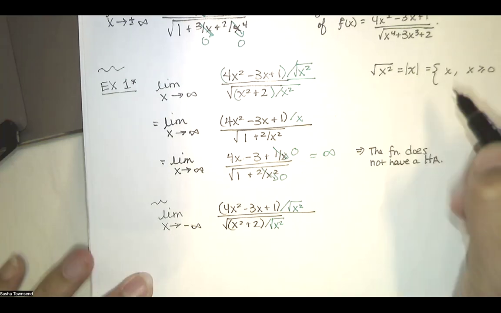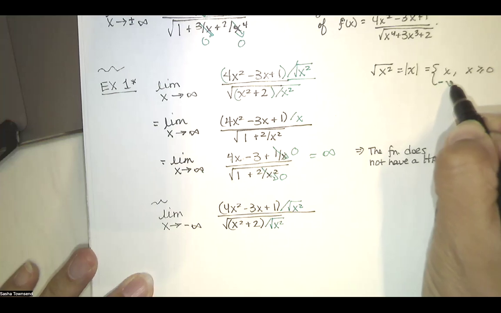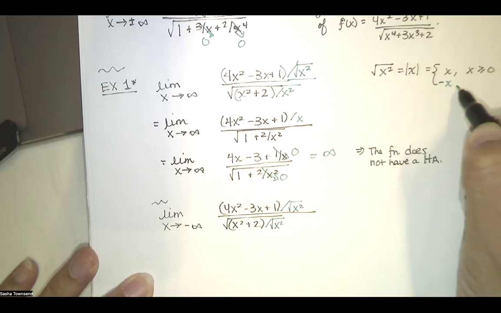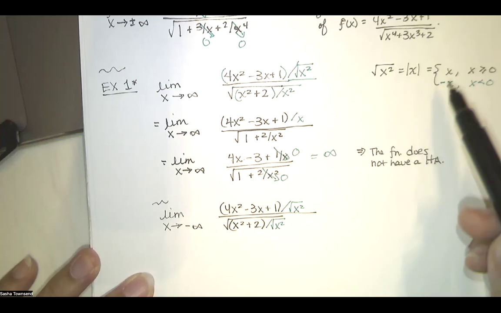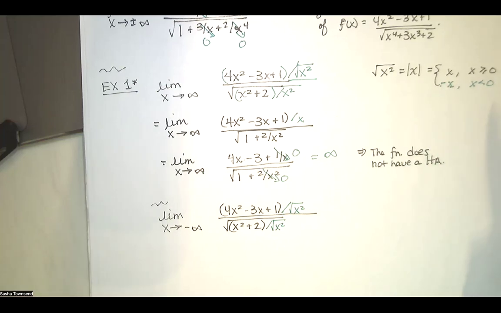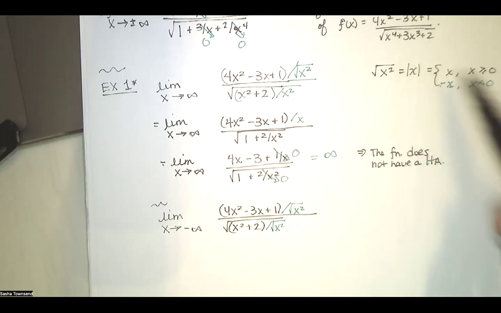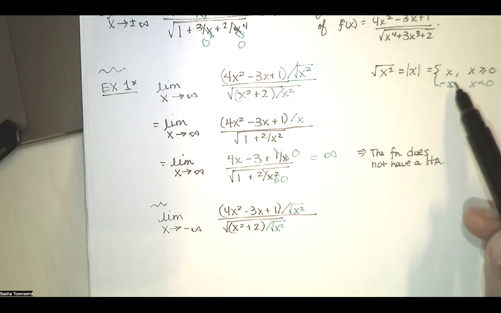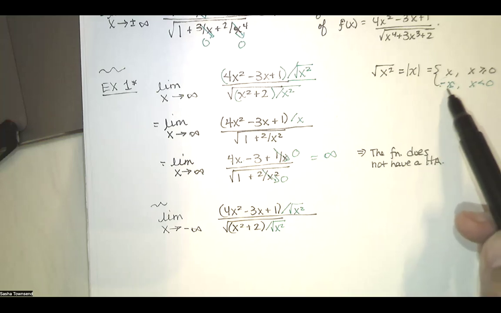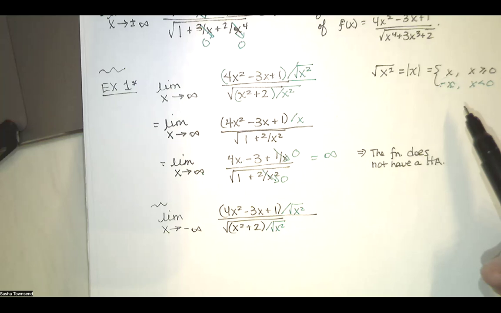Well, if x is negative, we take that negative number and multiply by -1 to get the y values on the absolute value graph. The negative of -3 is +3. So the absolute value of -3 is +3. So this is always going to give us a positive number when we multiply by the -1.